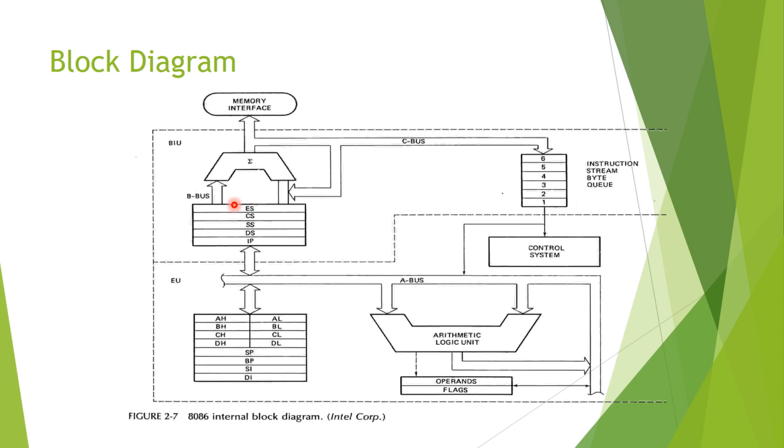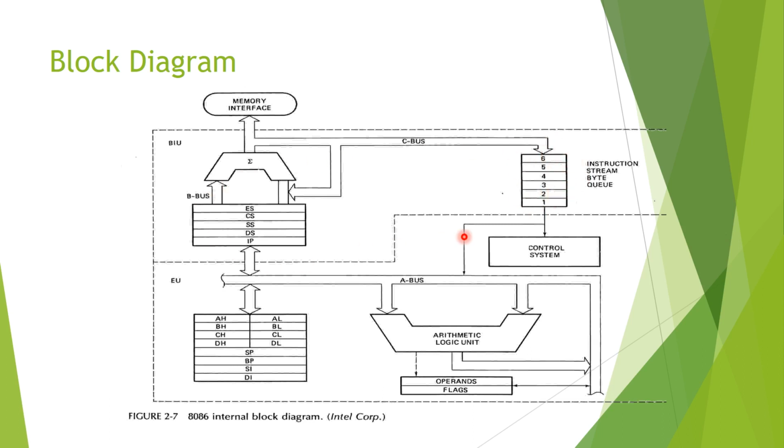Now in this we have a 6 byte long instruction queue. This BIU will fetch the instruction from the code segment and store that instruction one by one in this queue. This queue works on the FIFO, that is the first in first out basis.